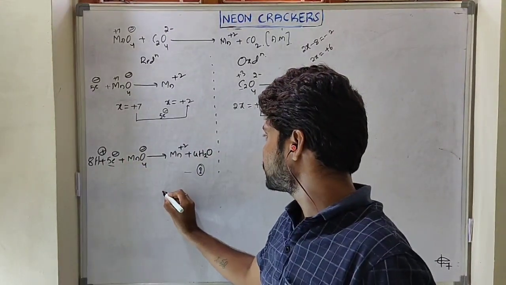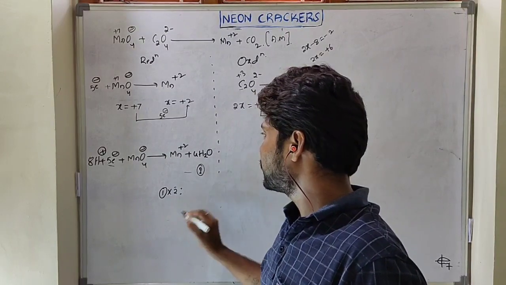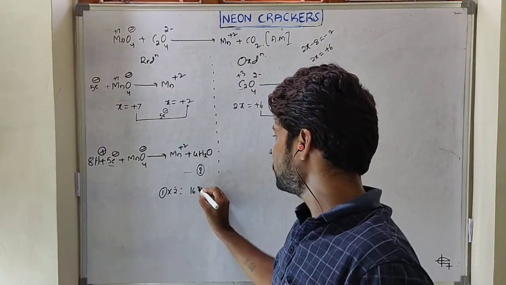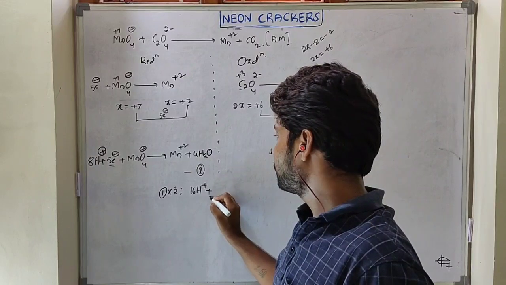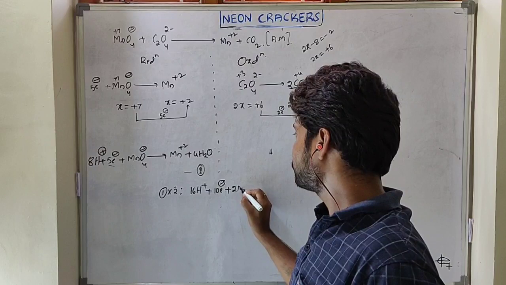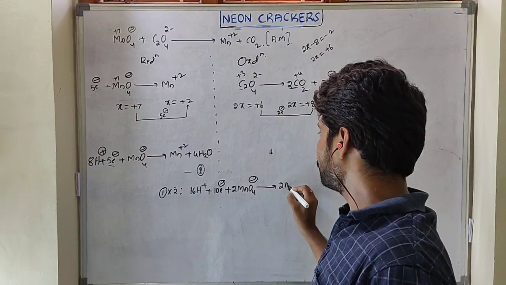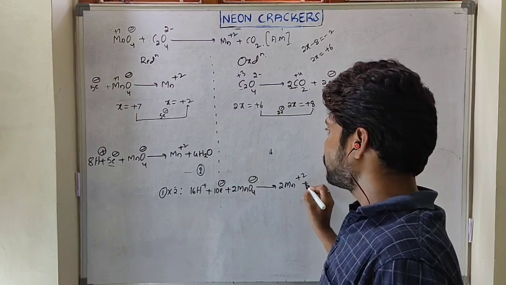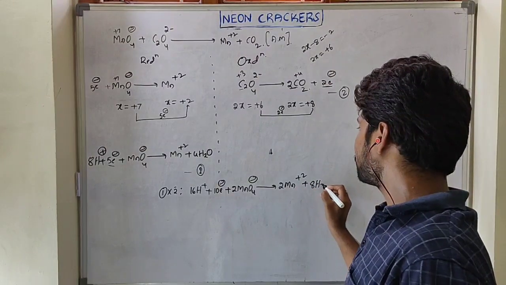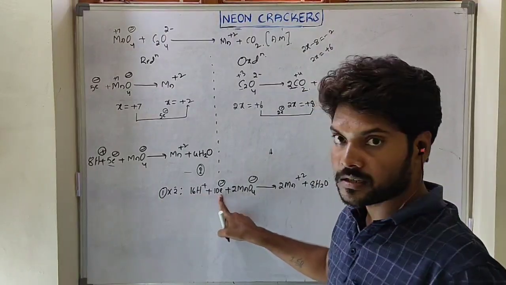If the first equation is multiplied by 2, then we get 16 H plus, 10 electrons, plus 2 MnO4 minus, giving 2 Mn plus 2 plus 8 H2O. So equation 1 times 2, how many electrons are we getting? 10.